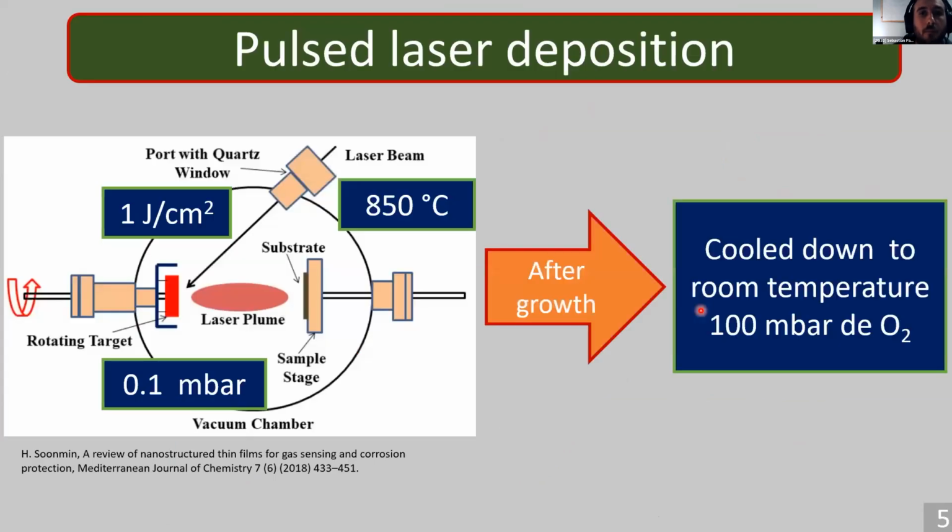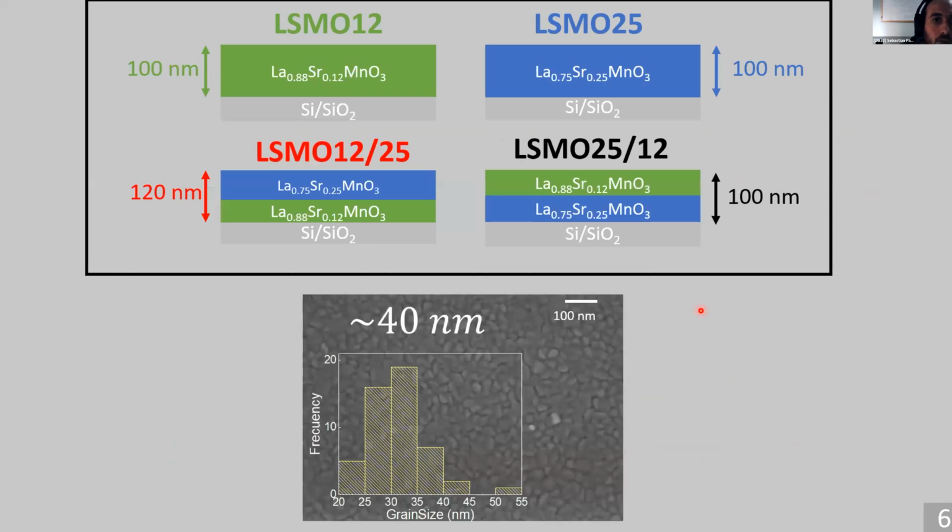So we grow by pulsed laser deposition a series of films. These are the growth conditions. So we grow with 2 different layers. We are working with LSMO. One layer has a strontium concentration of 0.12, and the other layer has a concentration of 0.25.